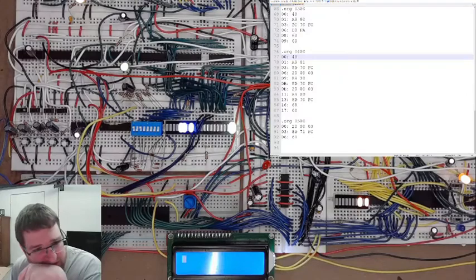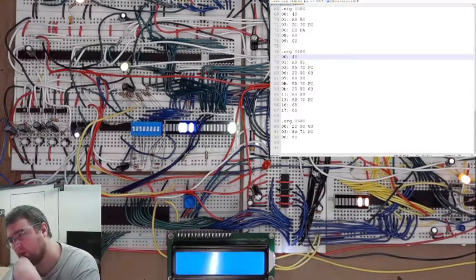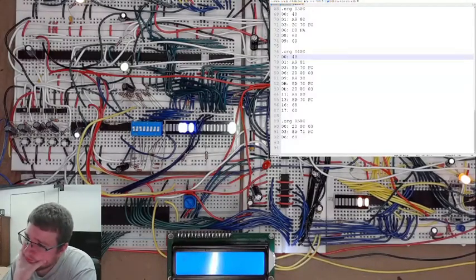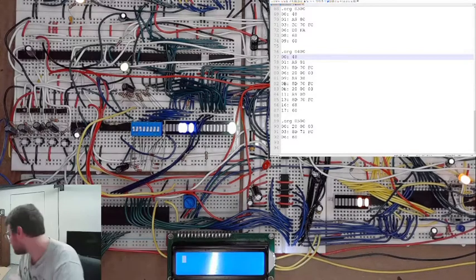I don't know if it's HCT, ACT, what it is, but they all have the same pinout. Clock pulse. Clock pulse. So 4 down on the right and the top left.